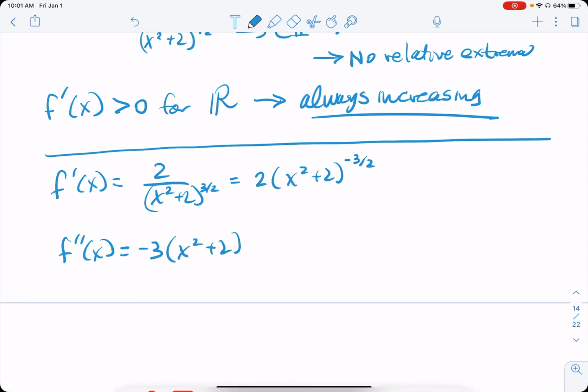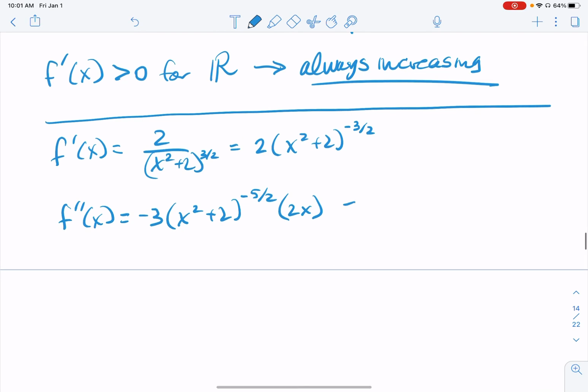Subtract 1 from this exponent, that's going to make it a negative 5/2. And then multiply this times the derivative of the interior, a 2x. All right, and now let's clean this thing up just a little bit. The negative 3 and the 2x are going to stay up top to make a negative 6x. And then on the bottom, we will bring that 5/2 power down to make it positive, x squared plus 2 to the 5/2 power.